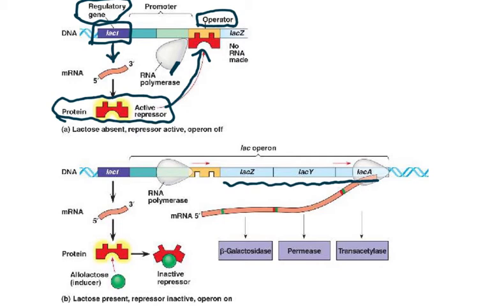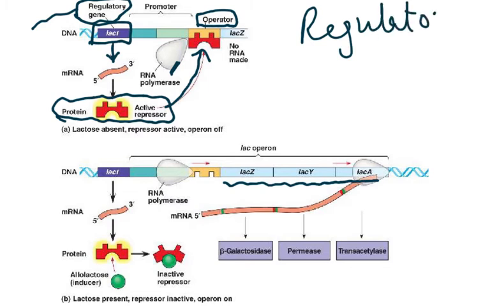So we have to understand the two words, regulatory gene. Just like I told you before, there's a regulator for the fan, regulatory gene. So these regulatory genes regulate and ensure that transcription occurs only when those proteins are needed by the bacteria.